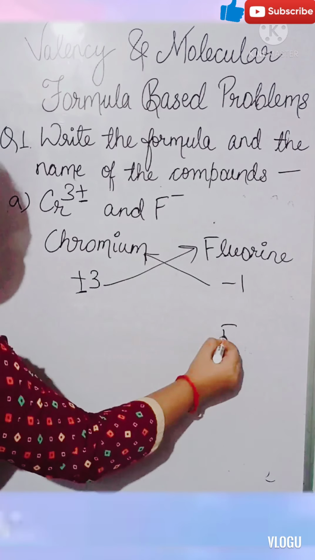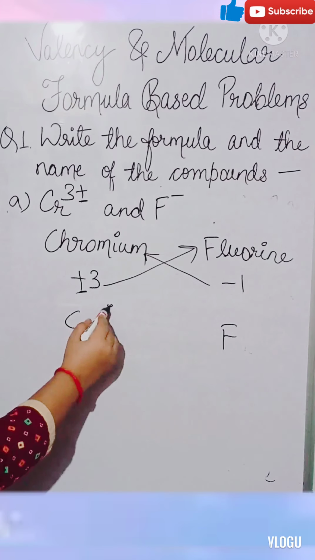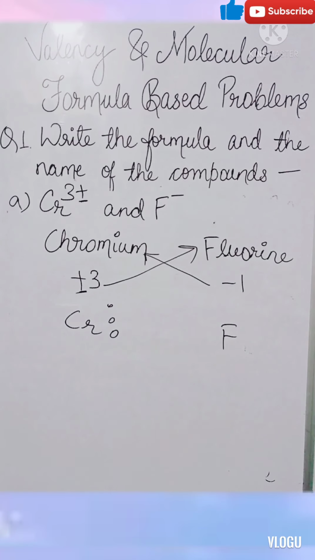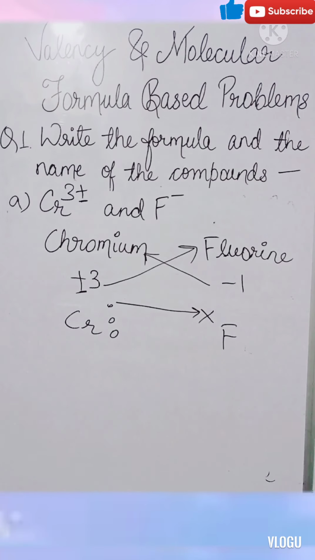1 fluorine, and here you can say 3 ions of chromium which are ready to be donated, and only 1 electron is needed for fluorine. So this 1 electron will go to this fluorine.